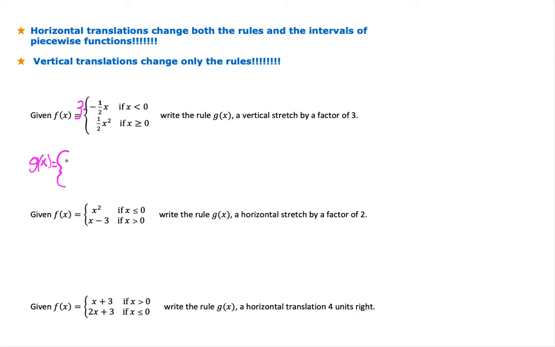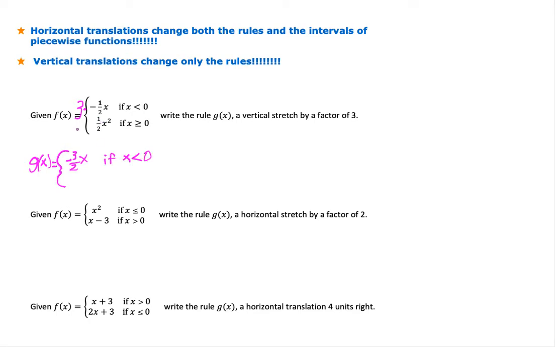So I have negative 3 over 2 x. And then my interval, my domain, does not change because this is a stretch. This is not a translation.